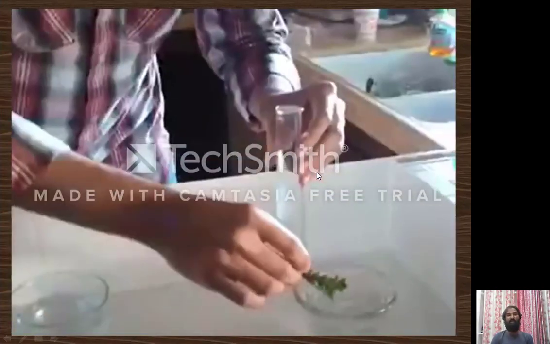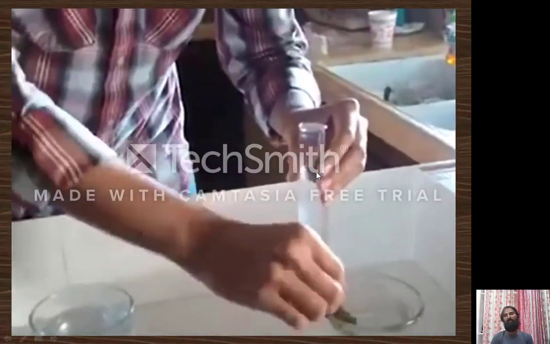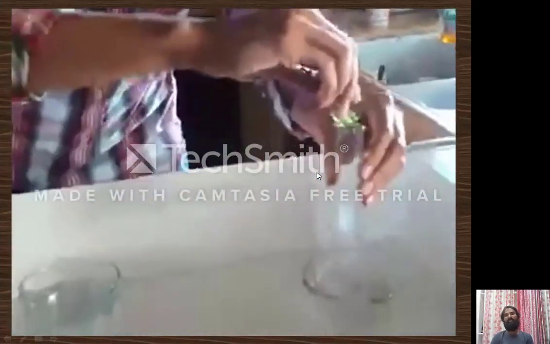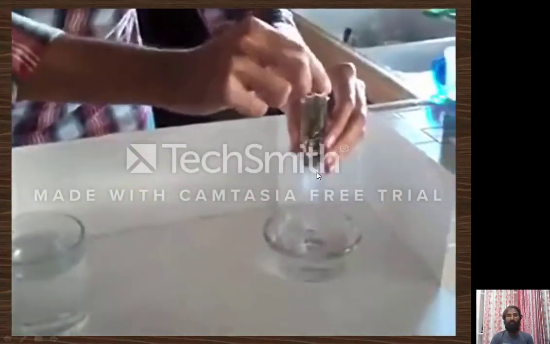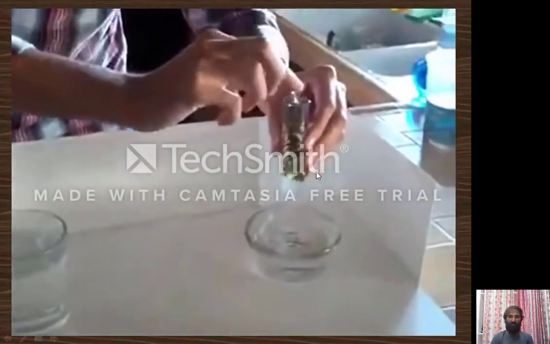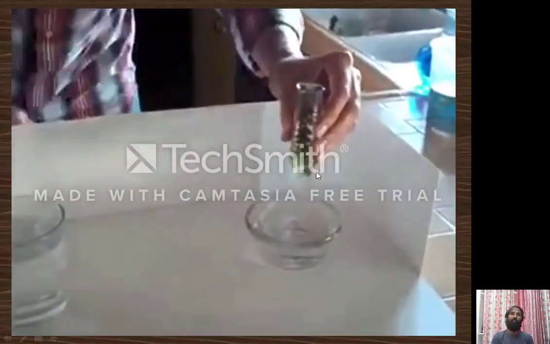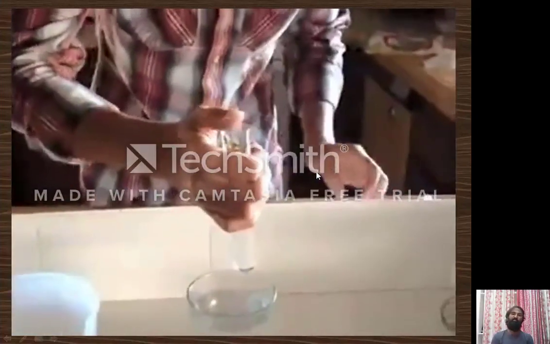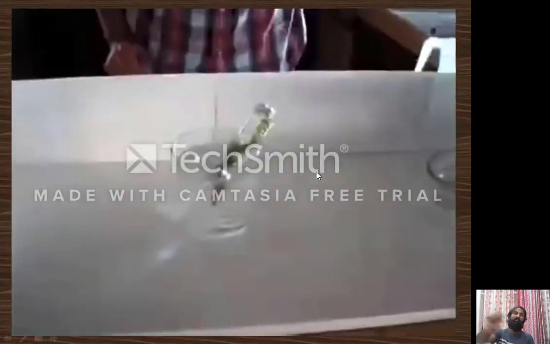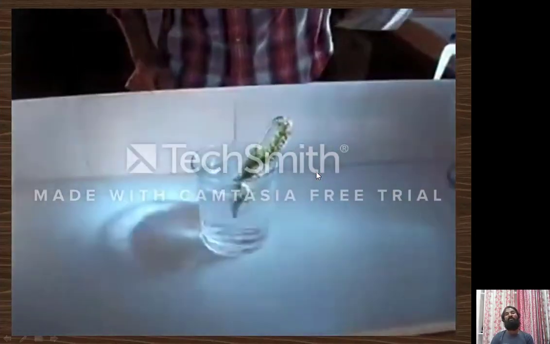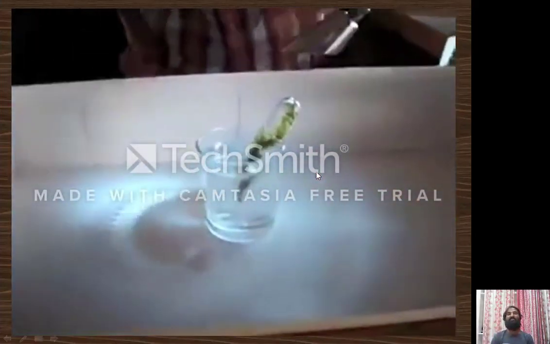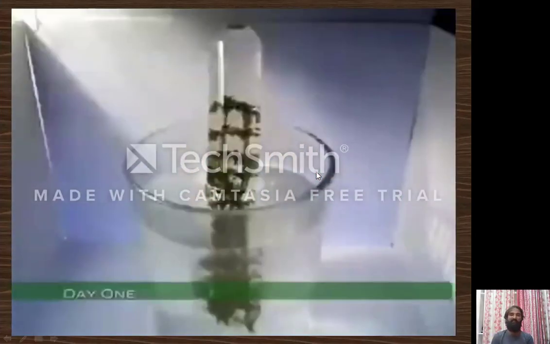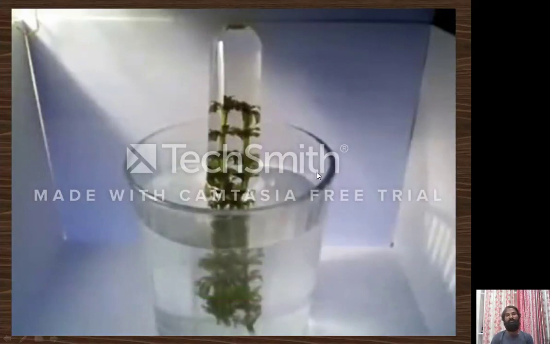Now you take a funnel, or directly you insert the Elodea or Hydrilla plants into the test tube. Now you close the test tube with your thumb, invert it into the beaker, and arrange it under a light source, that is normal light present in your room or sunlight. On day 1, day 2, day 3, what will be formed automatically?